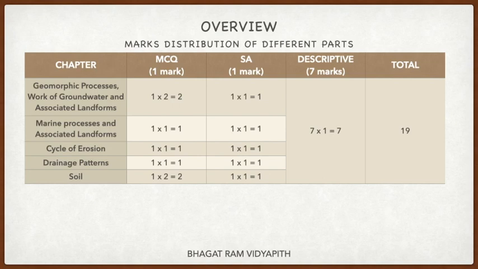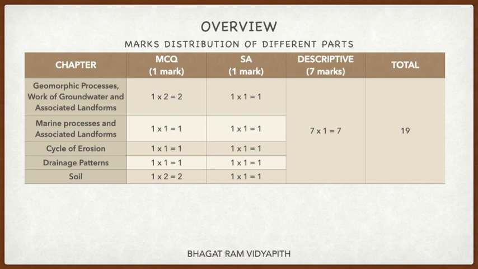We need to pay attention here that the MCQ and short answer questions are applied for each chapter separately. However, the descriptive type is blocked over all of these 5 chapters, meaning MCQ and short answer numbers are expected individually from these chapters.